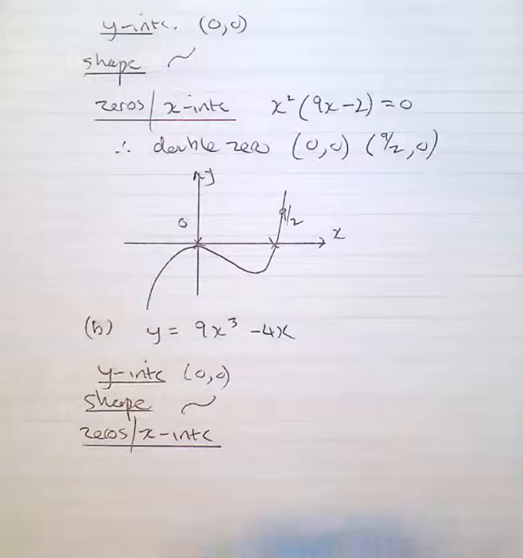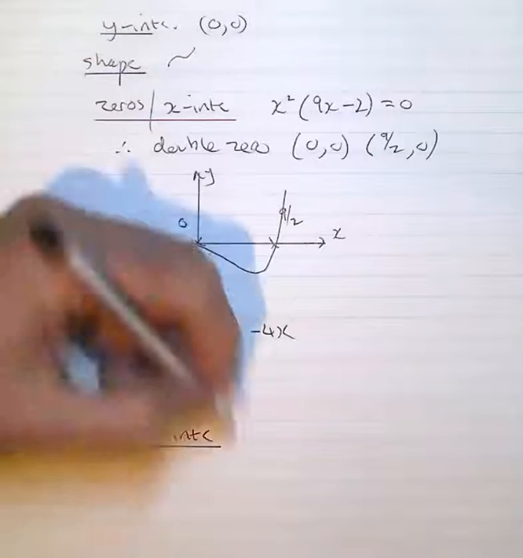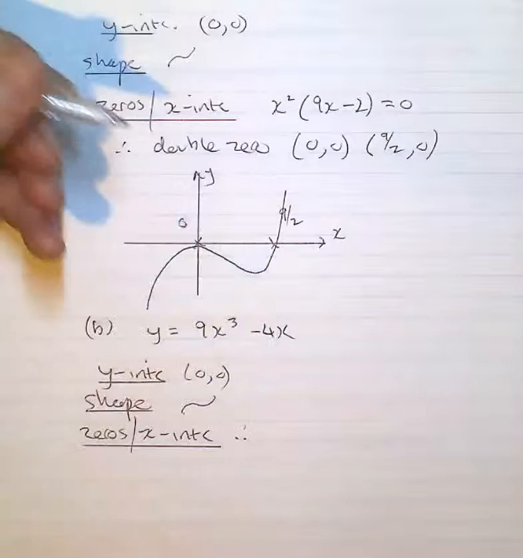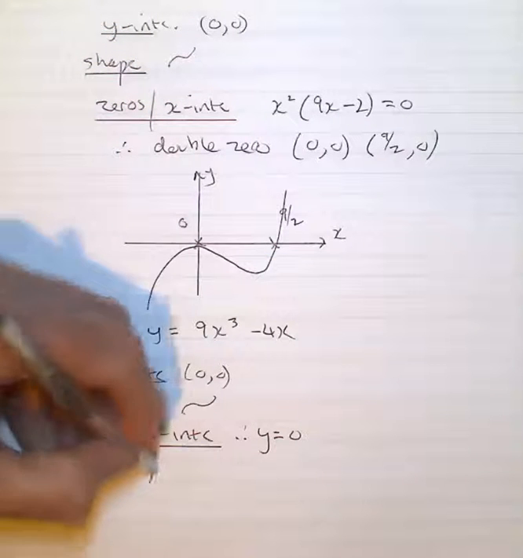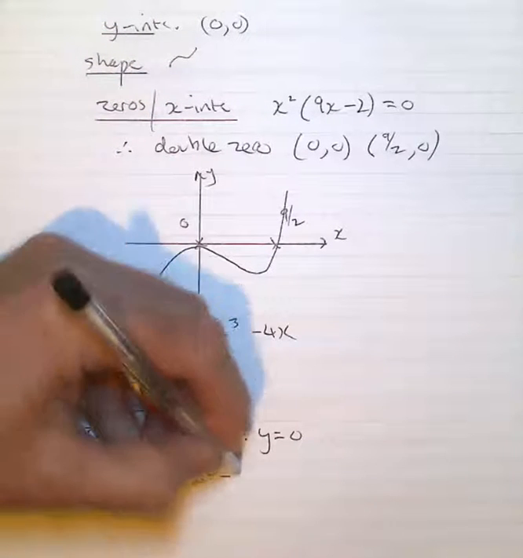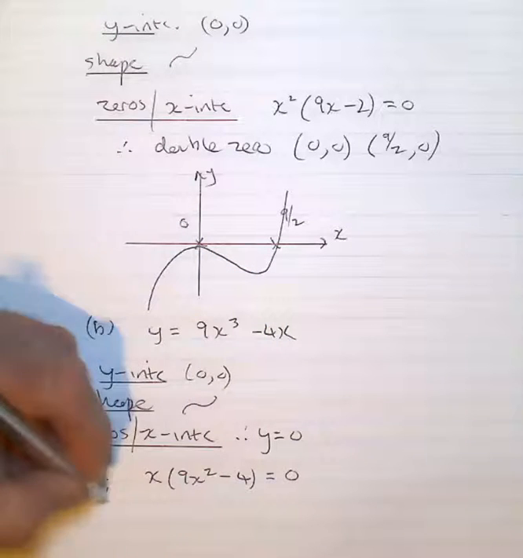In the next question, I've quickly listed the y-intercept and the shape. In order to find the zeros or the x-intercepts, I've got to take out a common factor. So therefore, that happens when that's equal to 0. And therefore, x into 9x squared minus 4 is equal to 0.